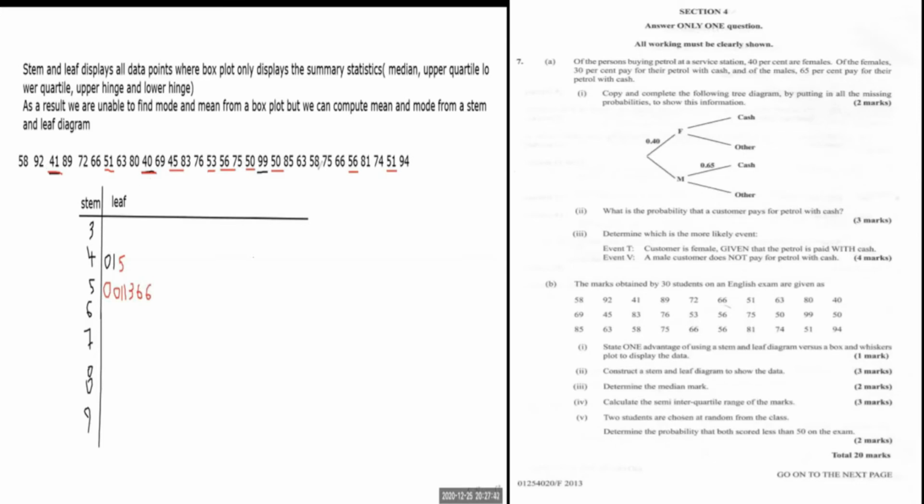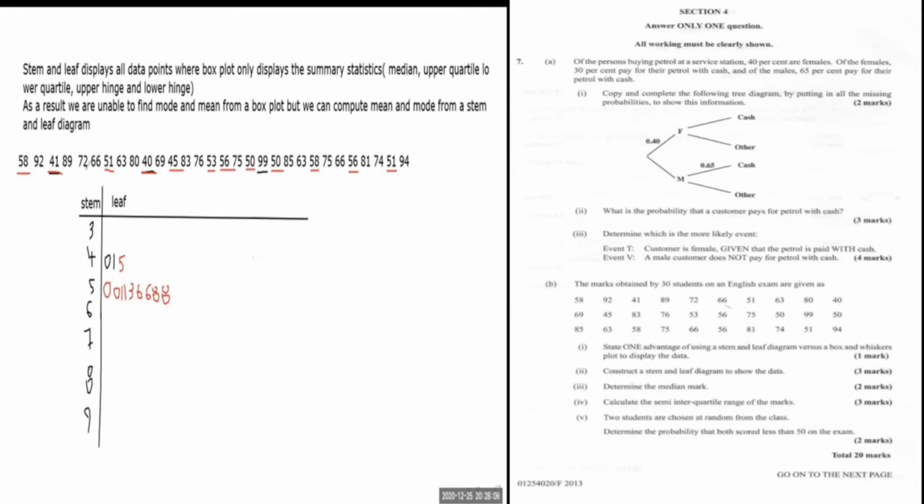No 57, but I see 58. And put my 8 here. And I see another 58. And I can put another 8 here. Then 59. No 59. That's crazy.